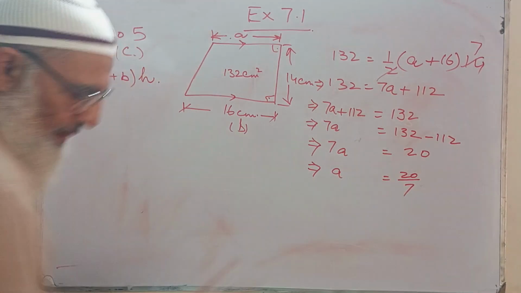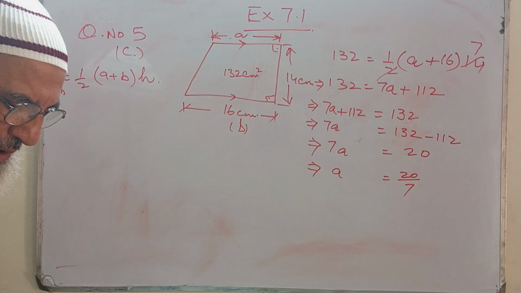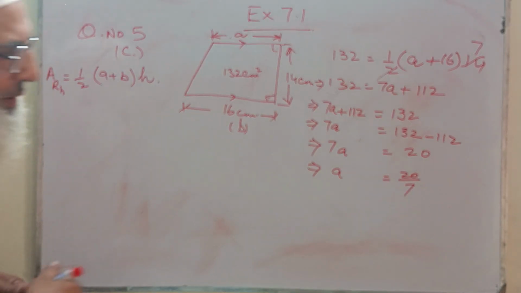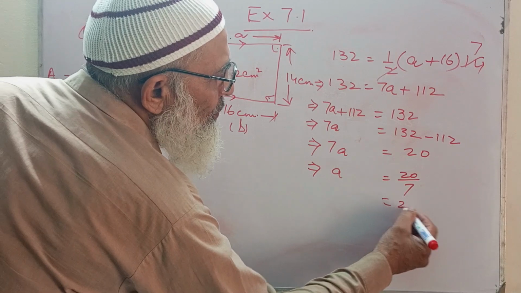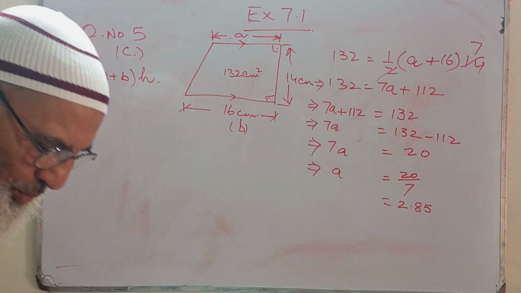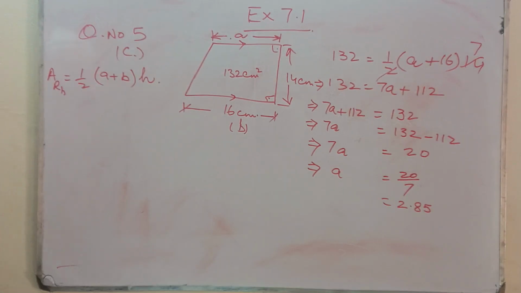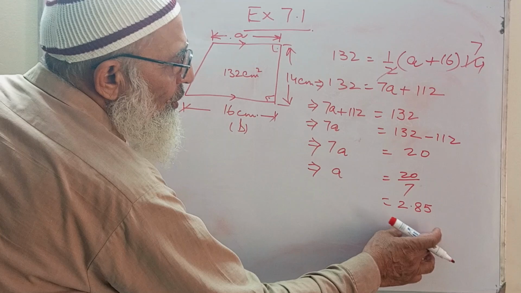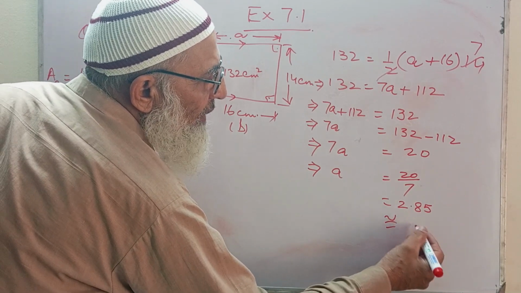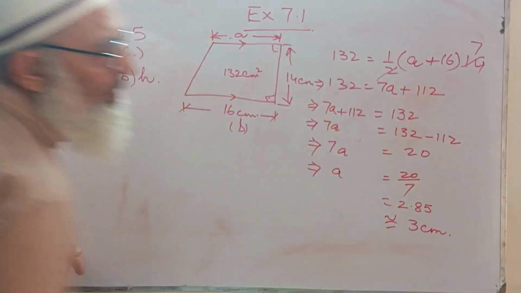You can also convert this into a decimal: 20 divided by 7 is equal to 2.85. If the question asks you to write it in significant figures, it is approximately equal to 3 centimeters.